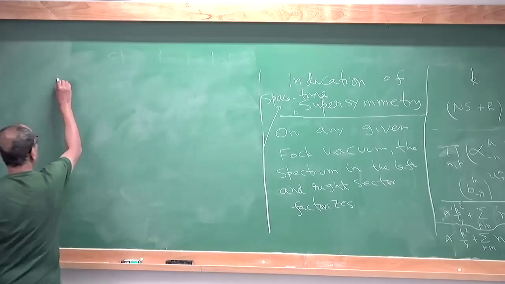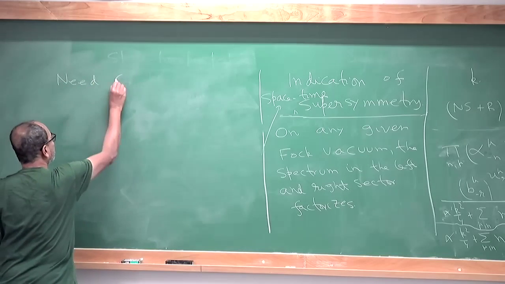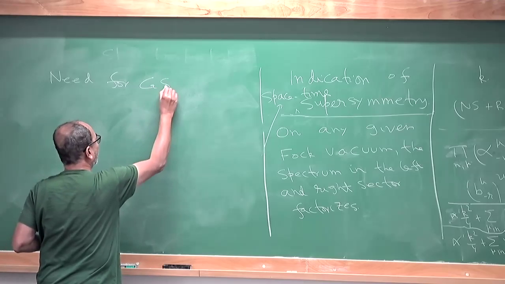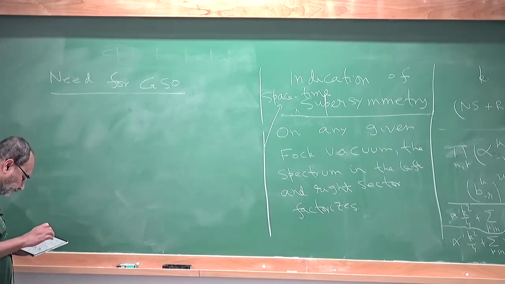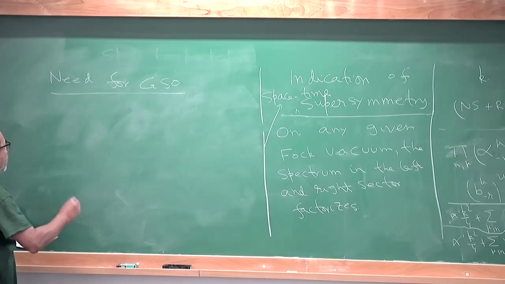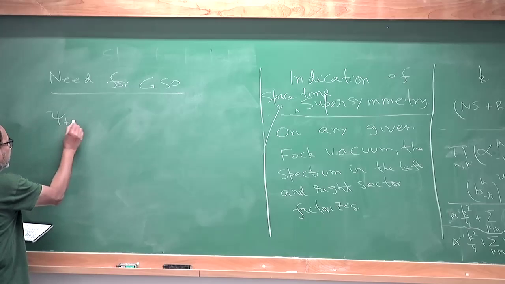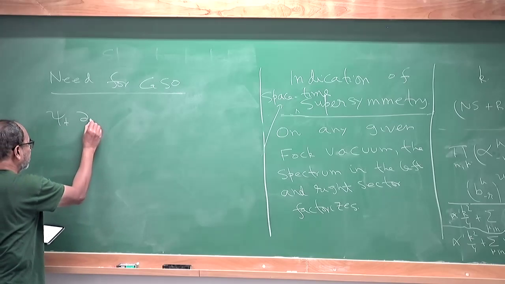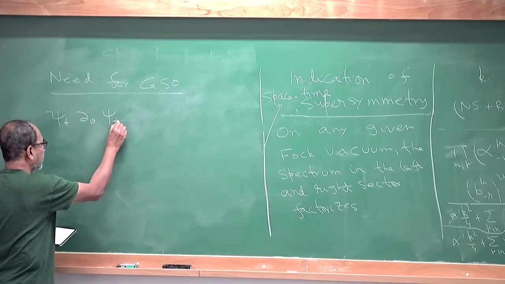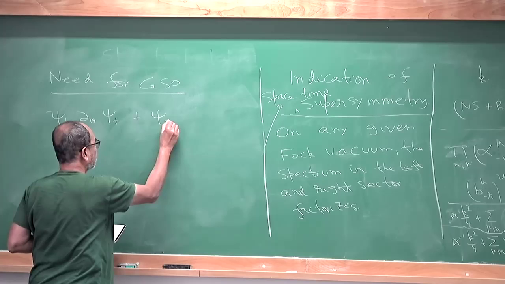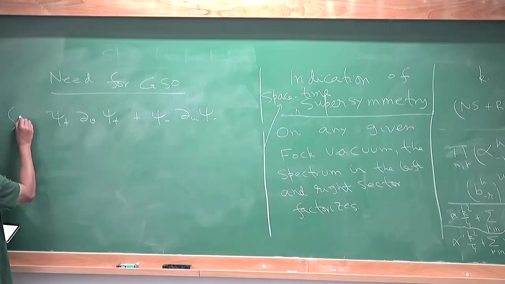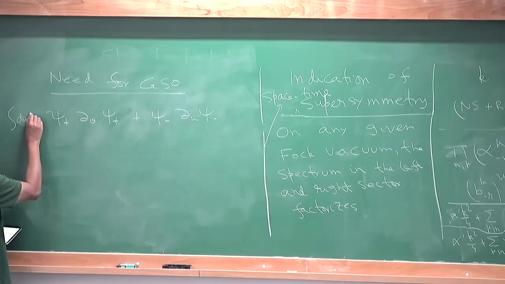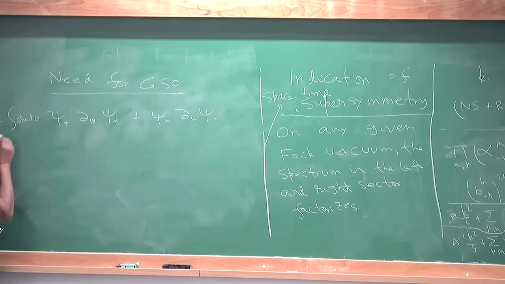So, the need for GSO. We'll see what happens if we don't impose the GSO projection. The worldsheet Lagrangian, if you remember, was something like this. The worldsheet action is proportional to this.